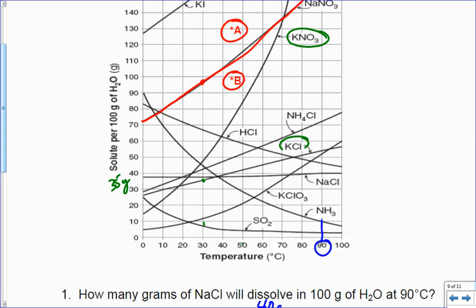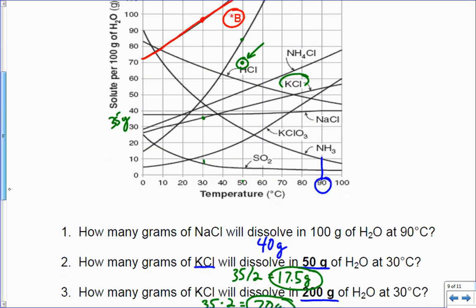And it's set at 50 degrees. Follow it up 50 degrees till I hit KNO3. Okay, and it says 70 grams. So that is actually here, right? 70 grams at 50 degrees is there. If I'm KNO3, am I above the line, below the line, or on the line? If this is my spot, I'm below the line, so therefore I'm unsaturated.